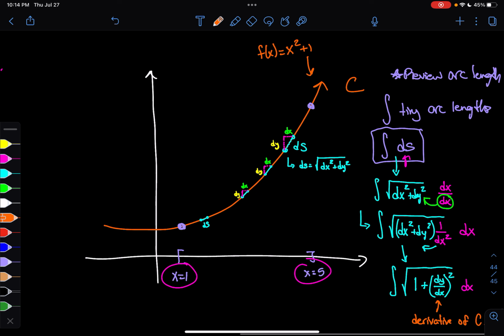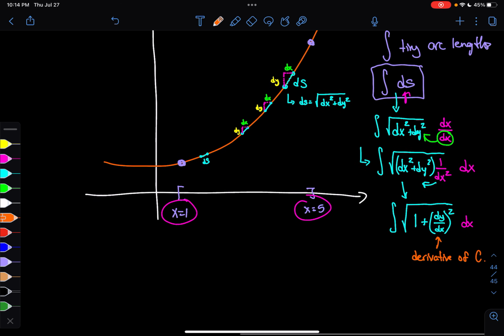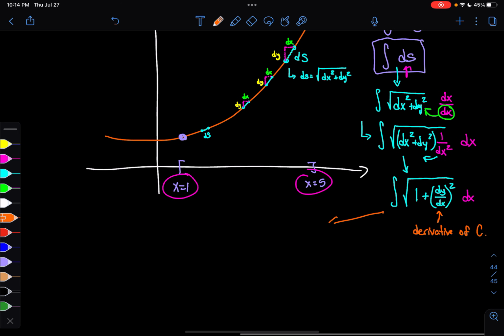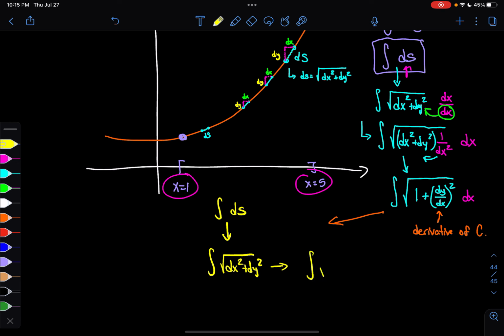So for instance, in this particular case, since our function is given by x squared plus 1, now we have an arc length formula, right? So again, let's recap. To find the total arc length from x equals 1 to x equals 5, we're adding up a bunch of little tiny arc lengths. And we said that when you add up a bunch of tiny arc lengths, which are given by the square root of dx squared plus dy squared, we can kind of finesse this a little bit and get the square root of 1 plus now dy dx squared.